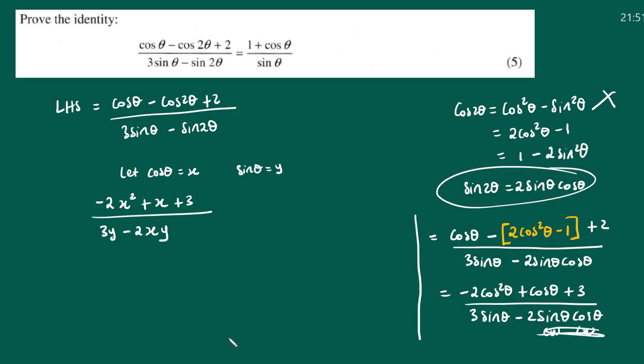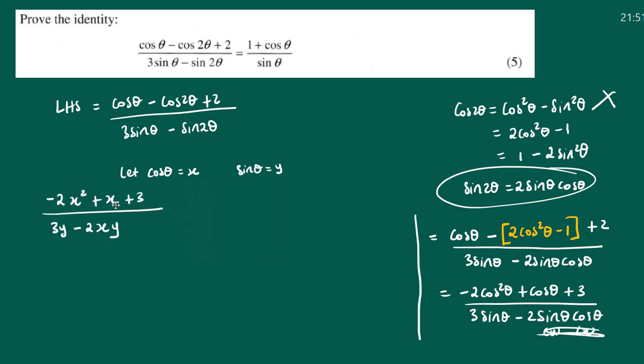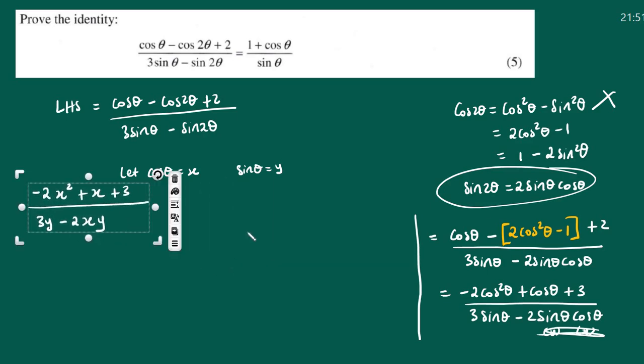Right. Then once you have it in that form, remember I just substituted x where I see cos, y where I see sine. Now I can simply do what? Factorize. You see, now you see why it's important to know how to factorize. So usually when you factorize, remember here you must have a positive. So you take a negative out. But remember, we don't really stress ourselves in terms of taking out the negative as a common factor.